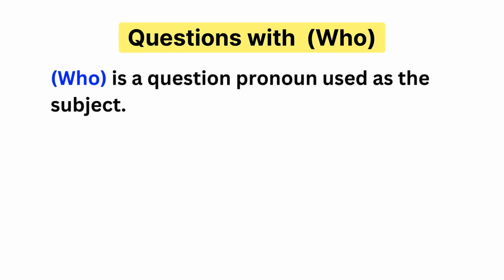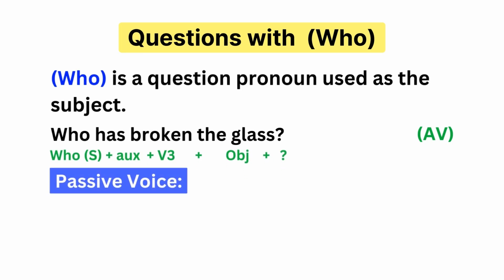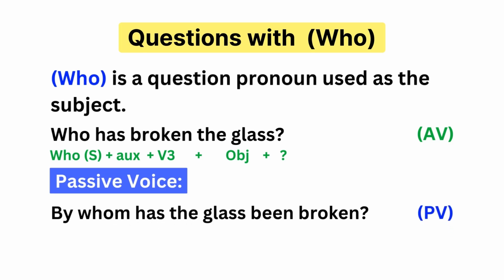Questions beginning with who. In such kinds of questions, who is a question pronoun used as the subject. For example, who has broken the glass? While changing this question to passive, it becomes, by whom has the glass been broken?